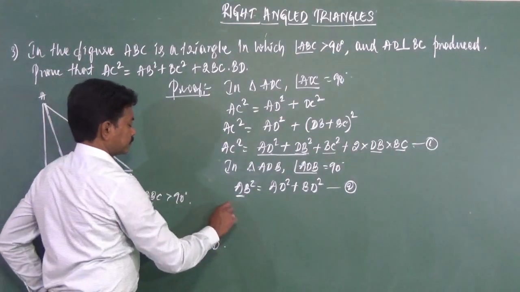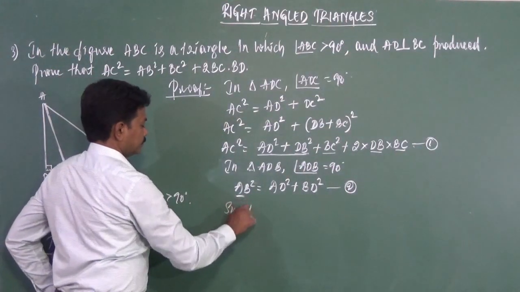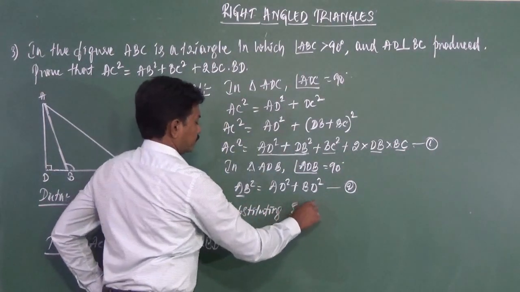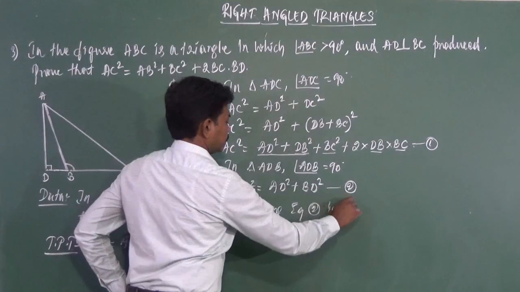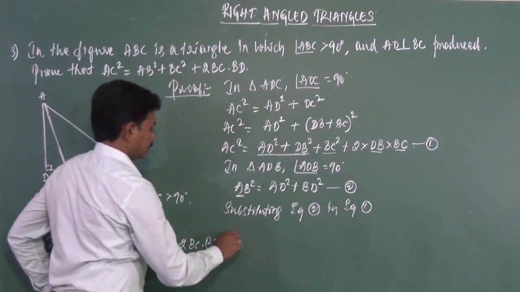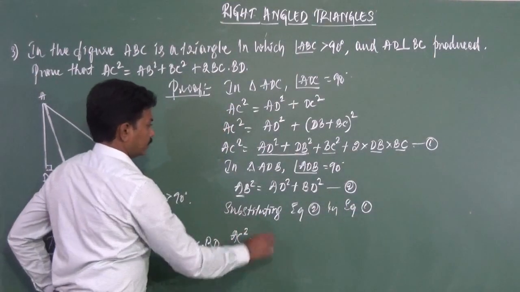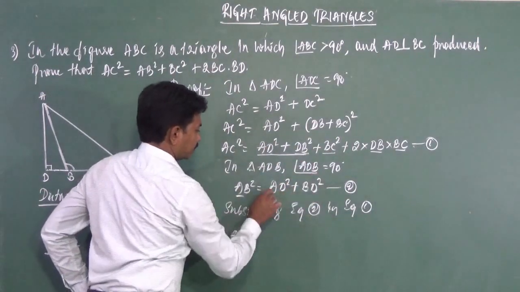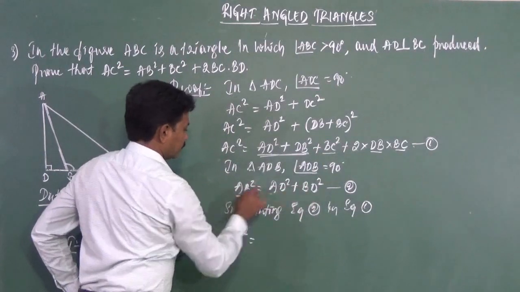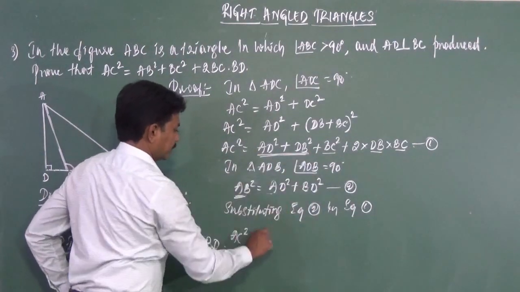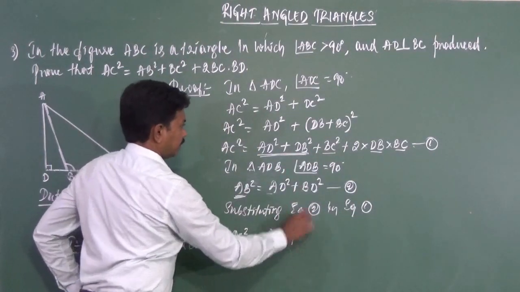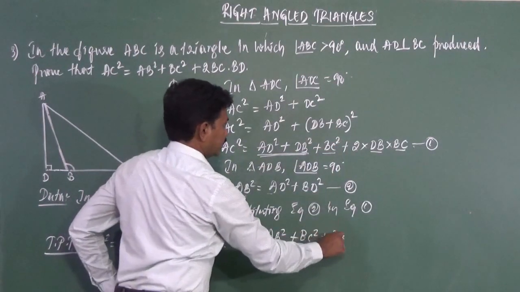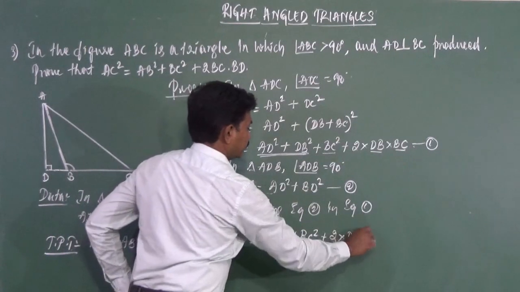Substituting equation 2 in equation 1, we get AC square is equal to, instead of AD square plus BD square, as this is equal to AB square, I can write AB square plus BC square plus 2 into BD into BC.